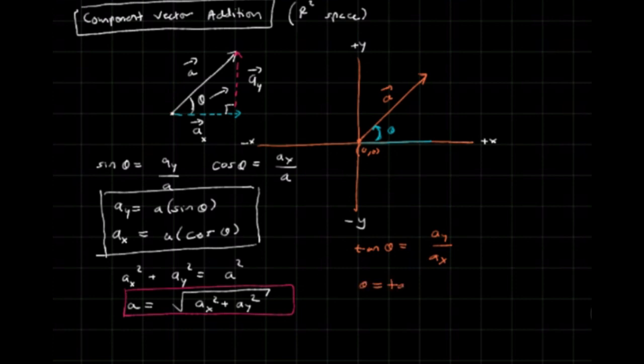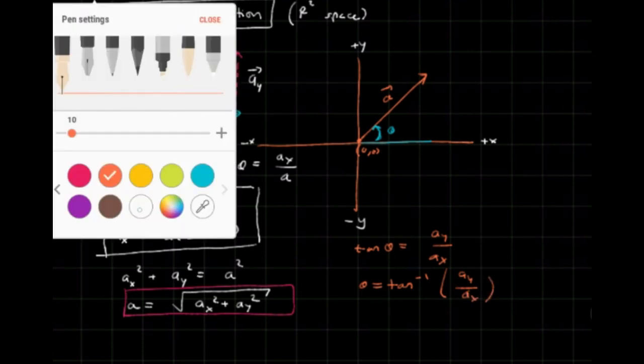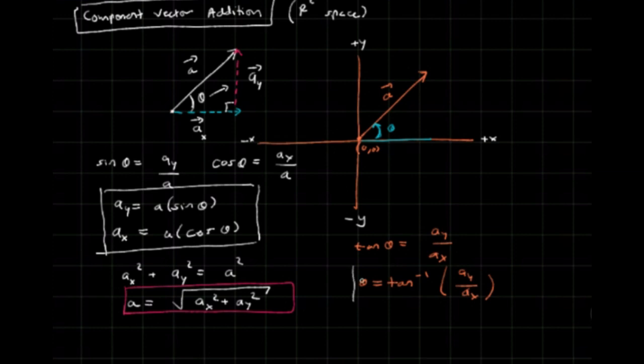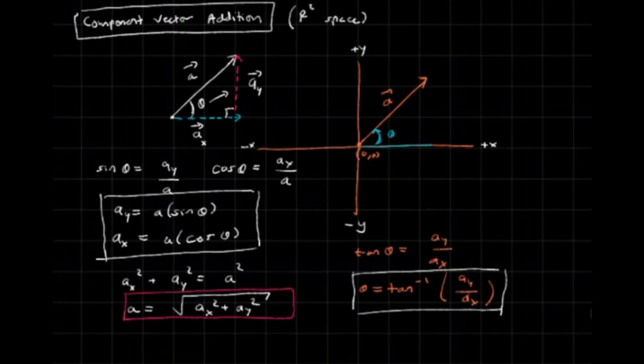So theta here is the tan inverse of AY over AX. Okay, this is really useful because you can actually figure out the angle by knowing the two components of a particular vector. Okay, so having said that, you can use all of this to identify the components associated with the vector.